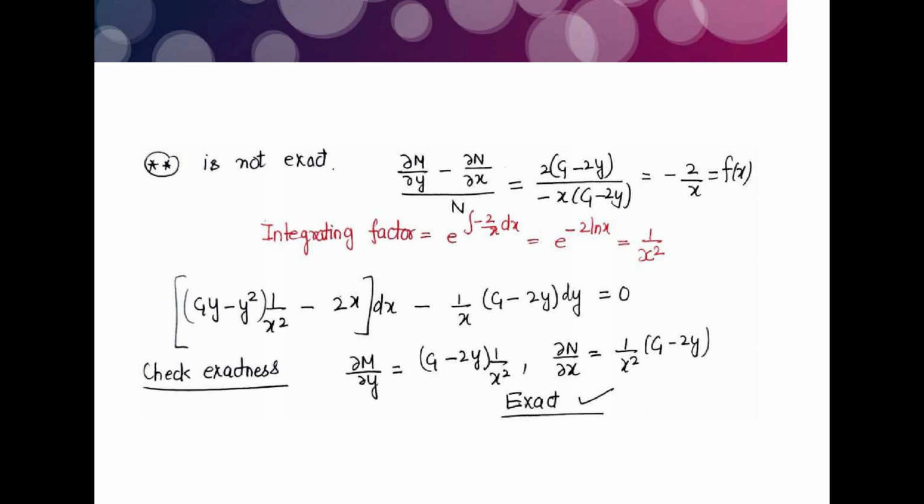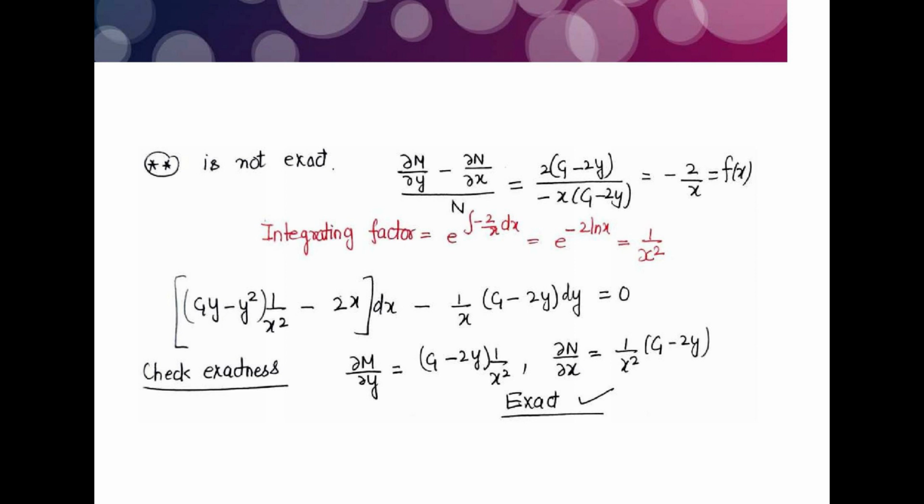So now we multiply the equation on the previous slide, that is double star I have marked. Multiply that equation by 1 upon x square. We get the next equation. If you want, you can check the exactness of this equation, and clearly it is exact now.